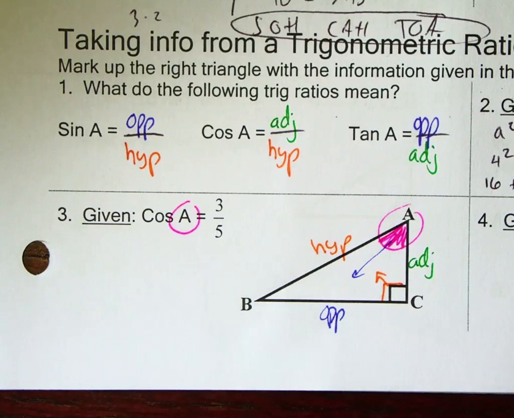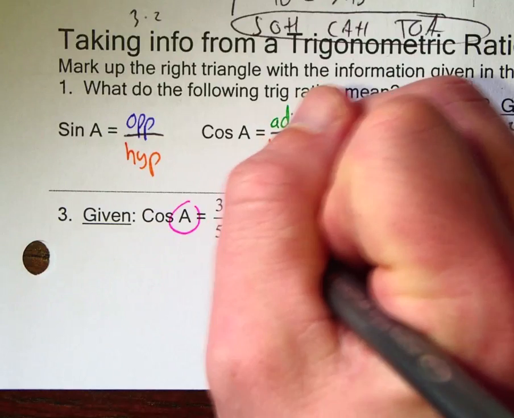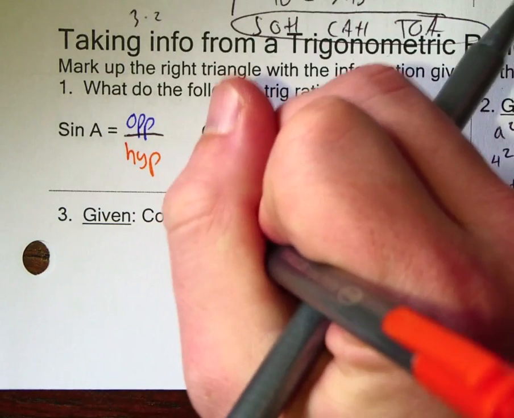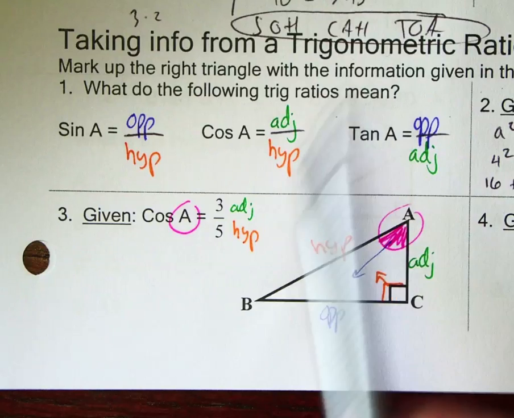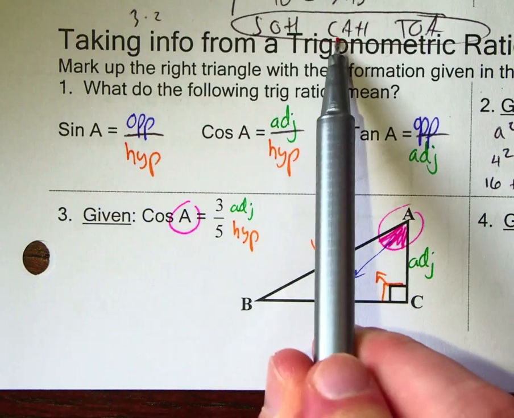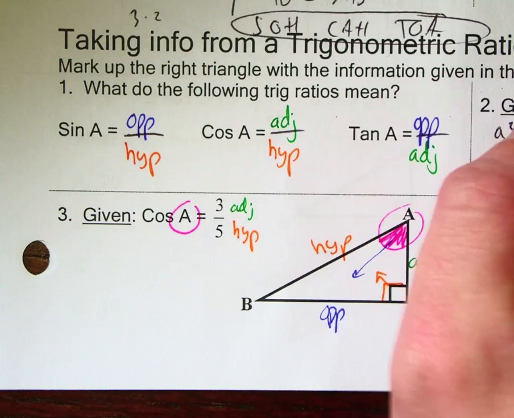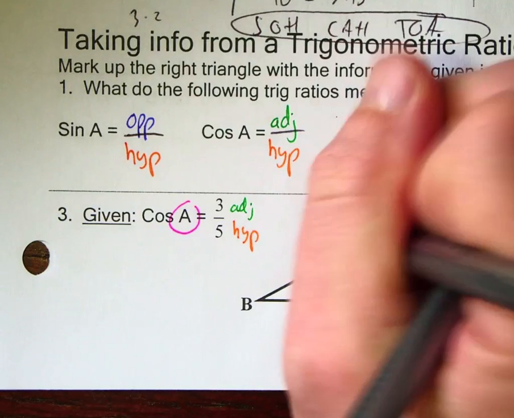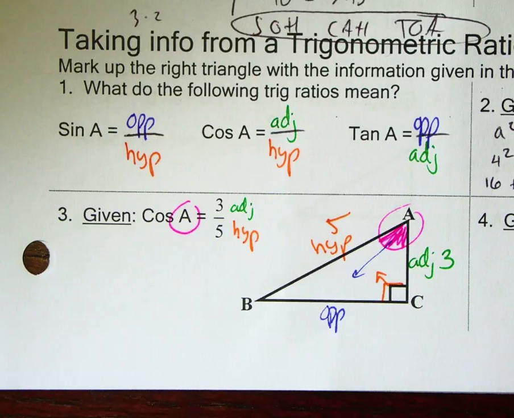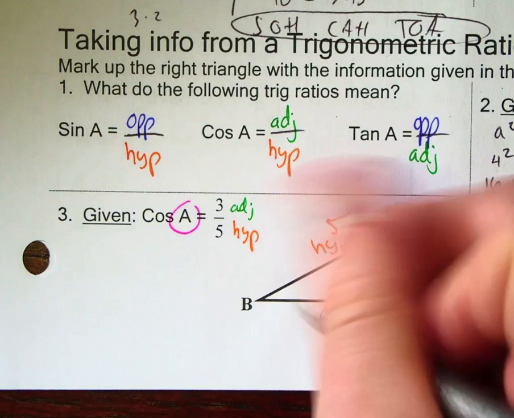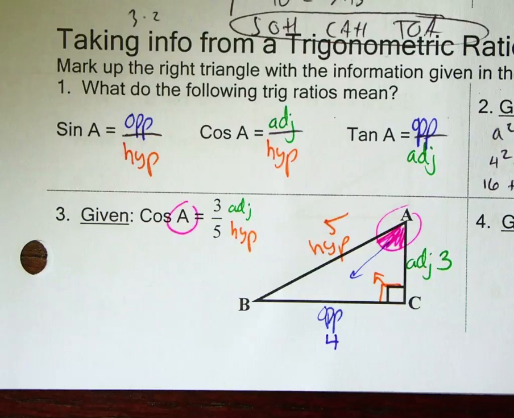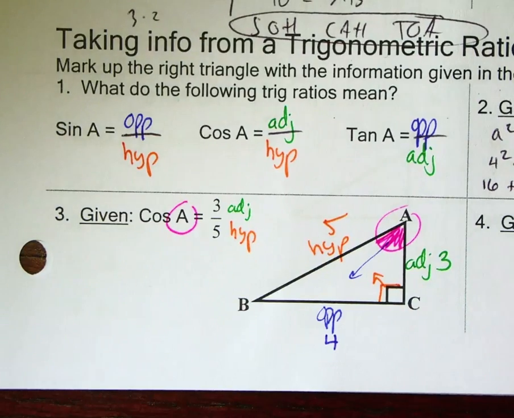I'm dealing with cosine, so cosine is adjacent over the hypotenuse. I got that from SOHCAHTOA. Here's cosine. There, adjacent and hypotenuse. So my adjacent happens to be 3, and my hypotenuse happens to be 5, and we already know it's a 3, 4, 5, or do Pythag and realize that this is a 4. So let's go and apply this now.